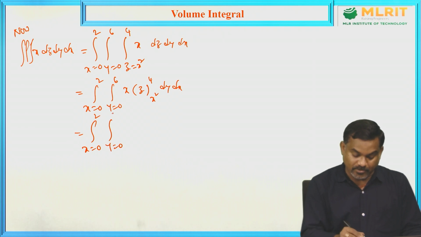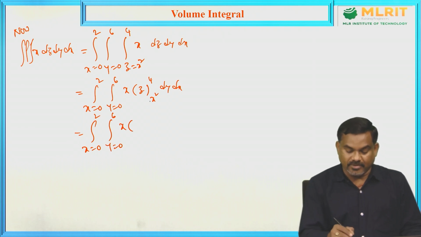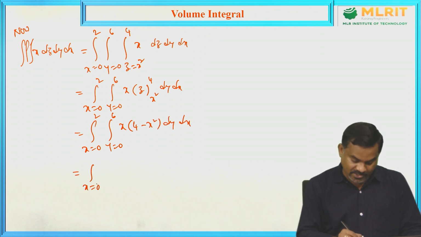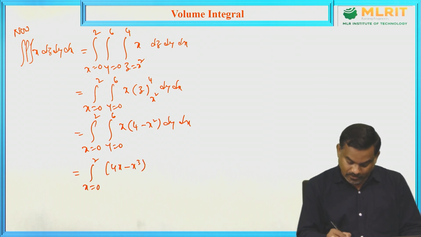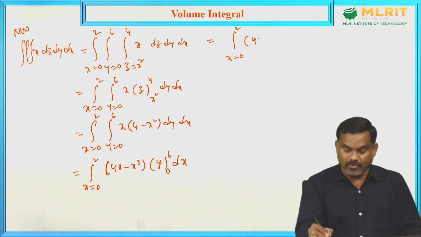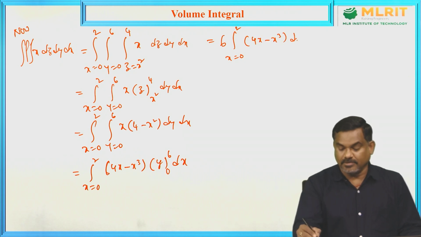Now with respect to y we need to integrate. So upper limit is 4, lower limit is x square. Overall it's a function of x. So while integrating with respect to y, we get 4x minus x cube into integral dy is y from 0 to 6. So which is integral x from 0 to 2, 4x minus x cube, upper limit is 6, that comes here.